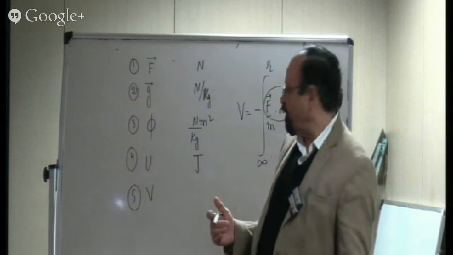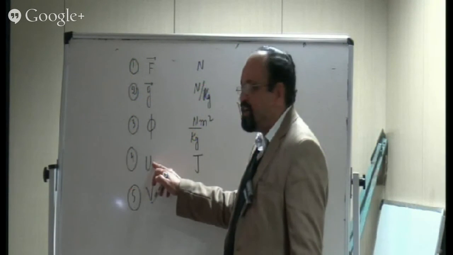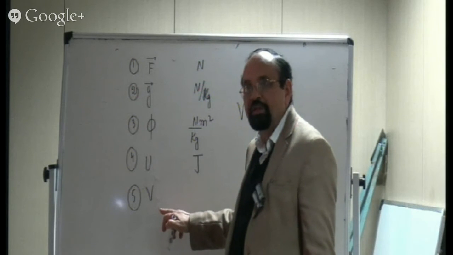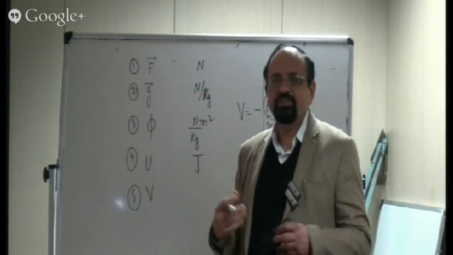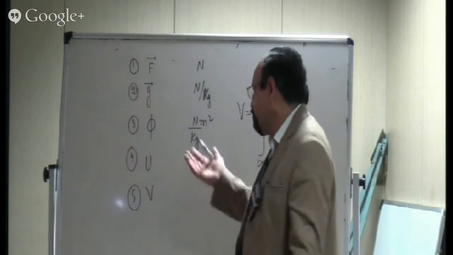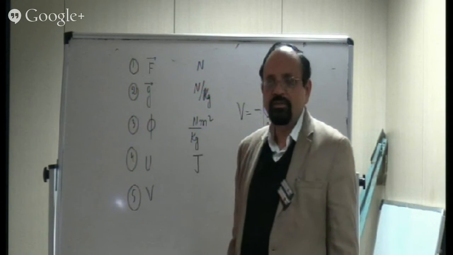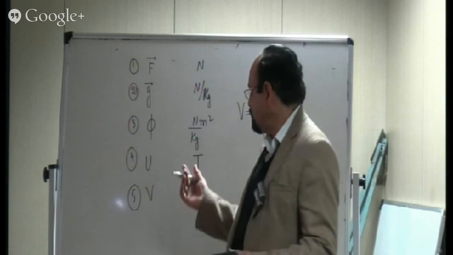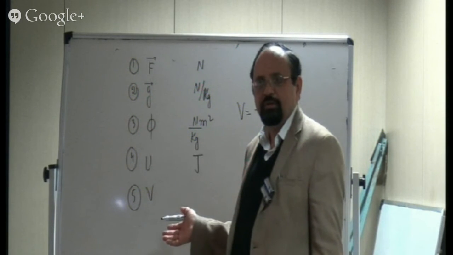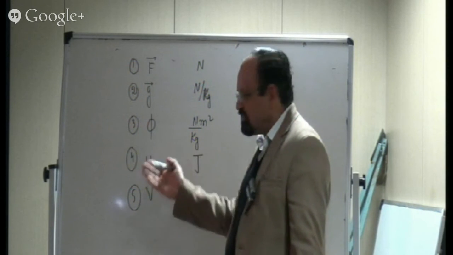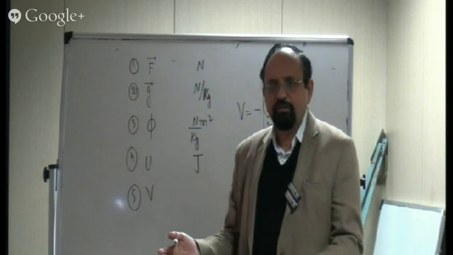In some books you may find that for potential energy they are writing V. Don't get confused. Symbols are our choice. If you find some symbol you are comfortable with, use it, but you must mention that this is a particular quantity which we are taking.